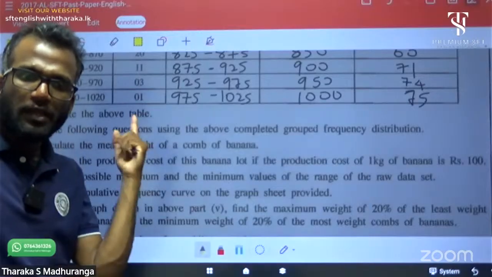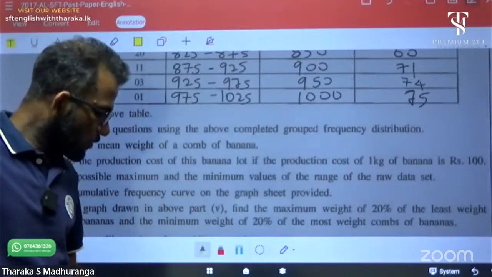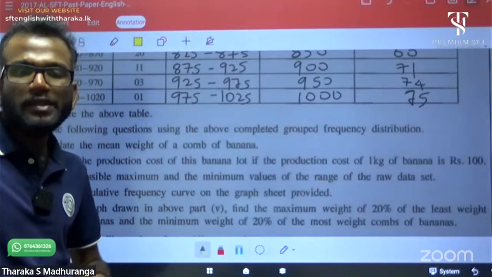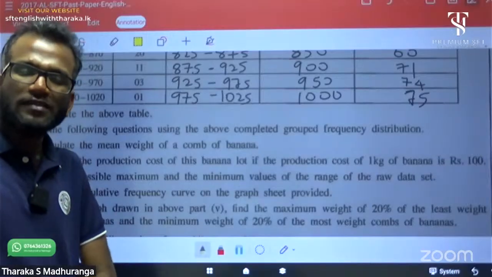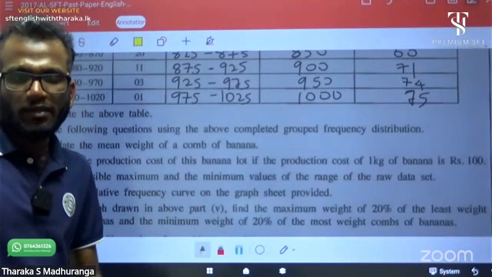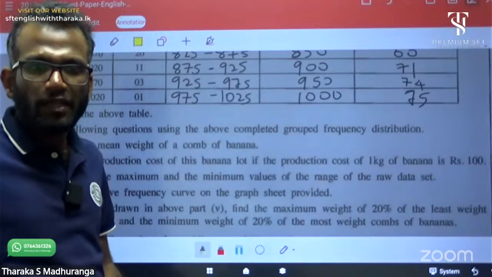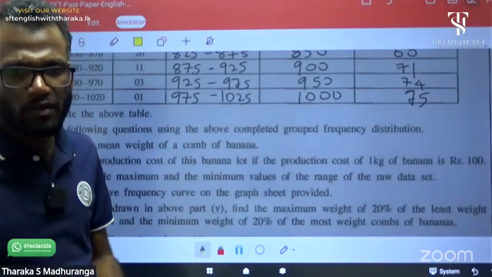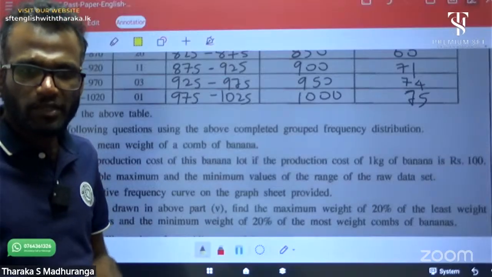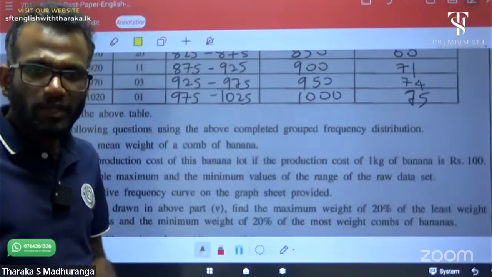To calculate the mean now, it has not mentioned any method. It is just asking for the mean.